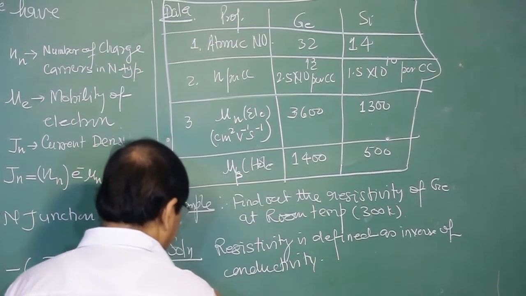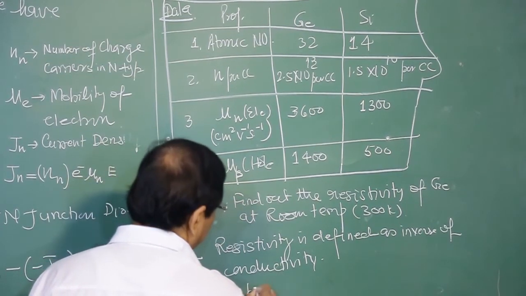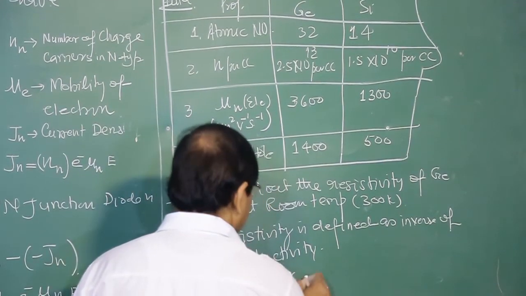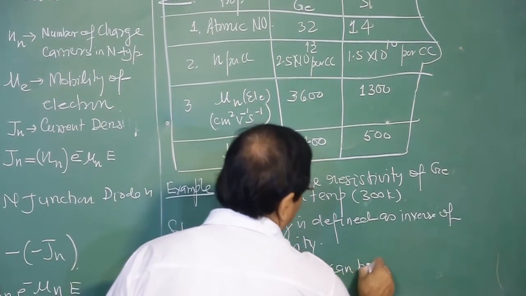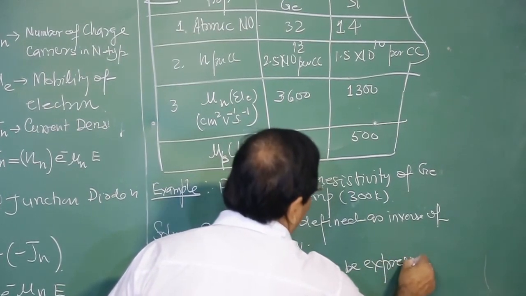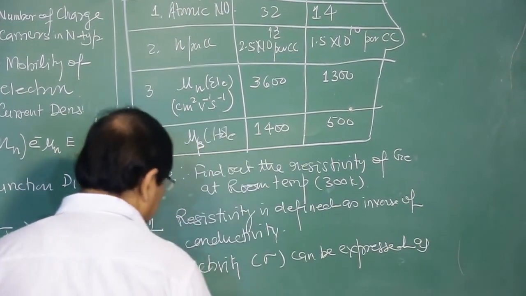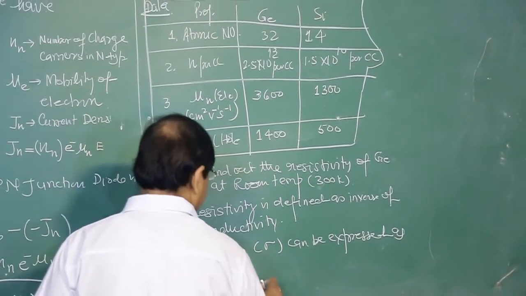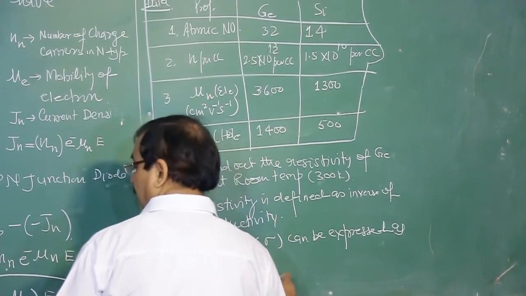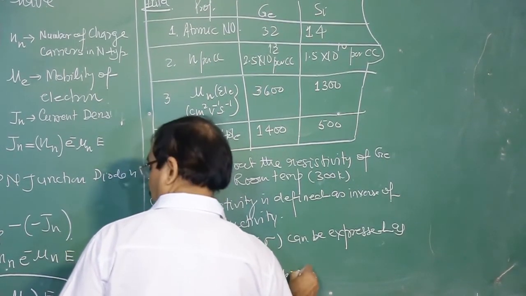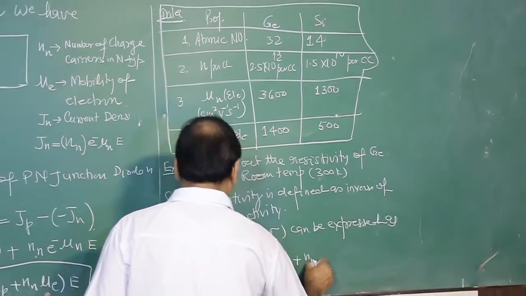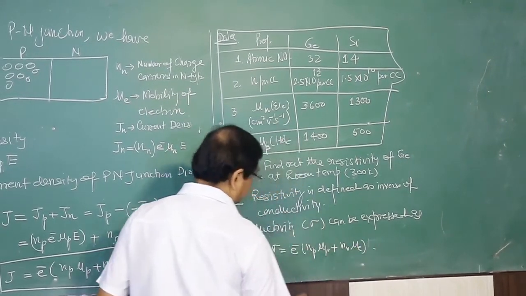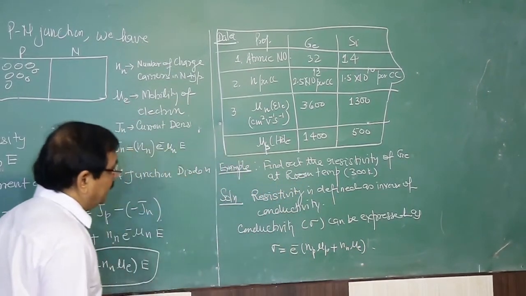So, conductivity sigma can be expressed as sigma is equal to e (n_p mu_p plus n_n mu_n), where e is the charge, n is the number of carriers and mu is the mobility.